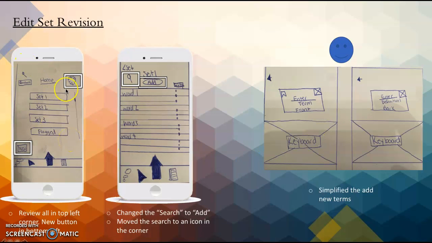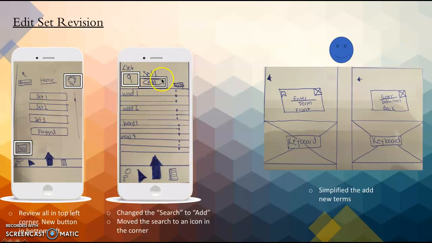Awesome. So next, I asked my user to edit the set. So I changed the review to add a new button at the bottom corner. You can review all, and the settings are changed up here. You could search words in your set.